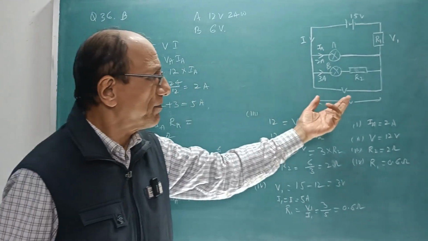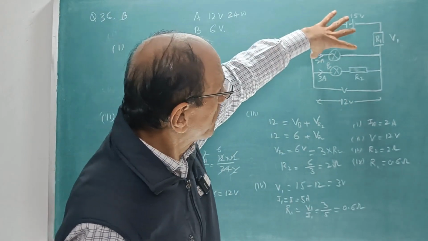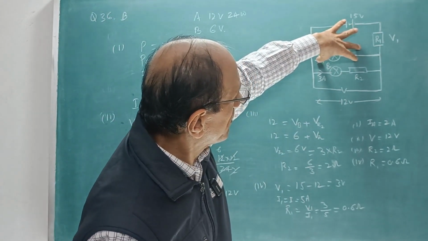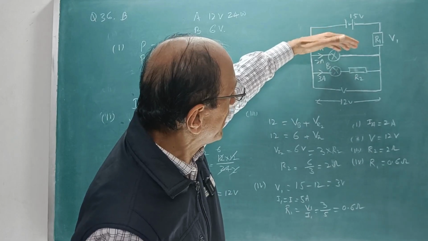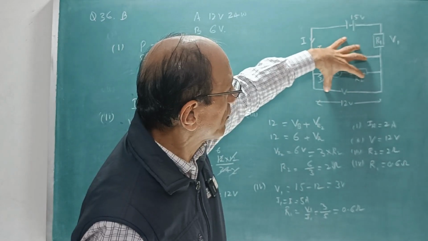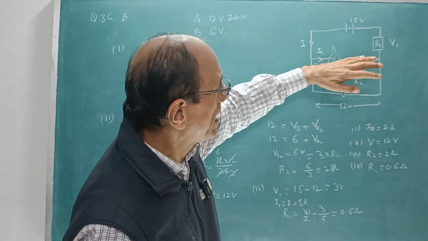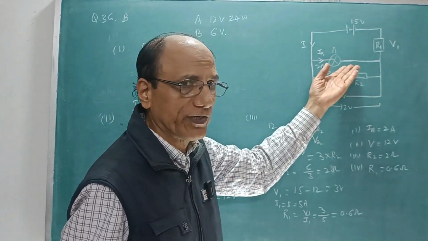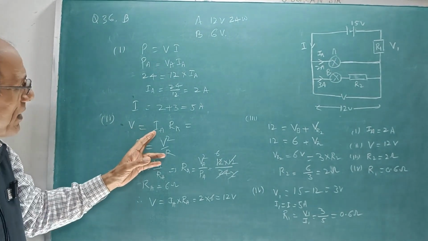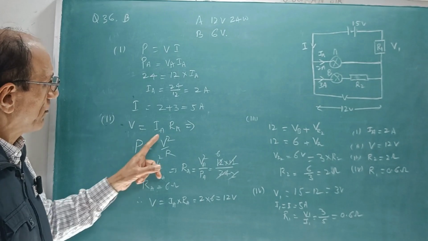Now the second part is the voltmeter reading, and why it will take this reading. Since lamp A and lamp B plus R2 in series are parallel to each other, whatever voltage will be here will be the same here, and the voltmeter will measure the same value. So this V will be equal to IA into RA, and for this we need the value of RA.